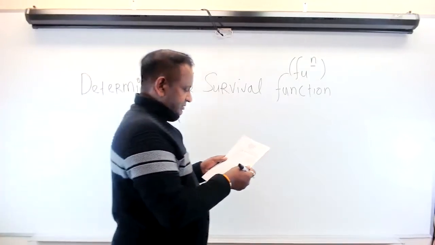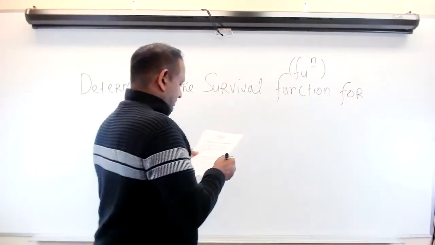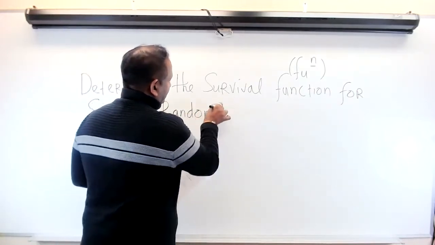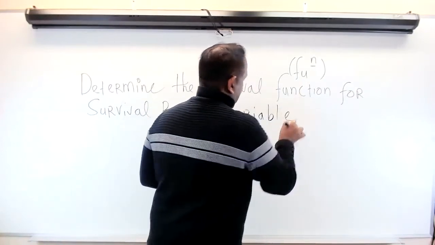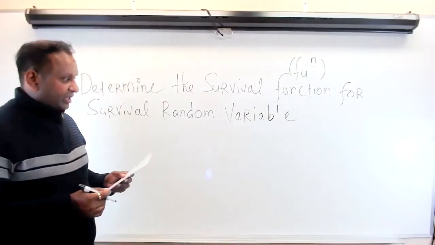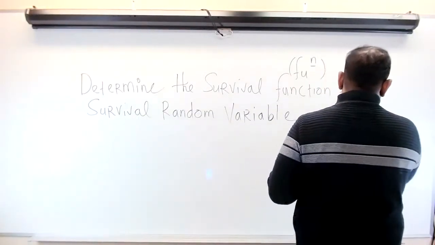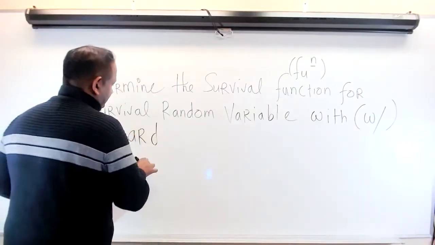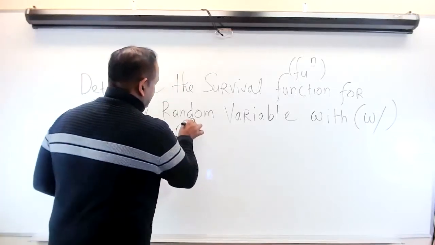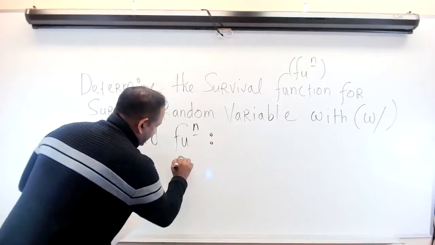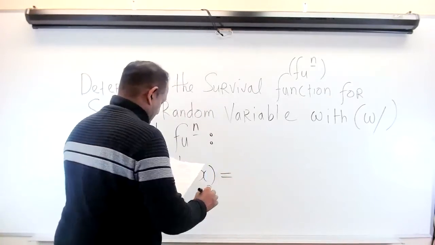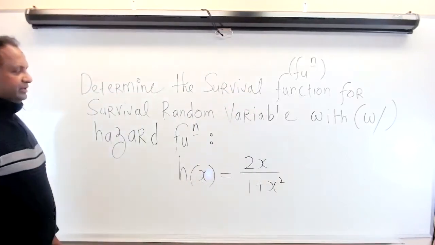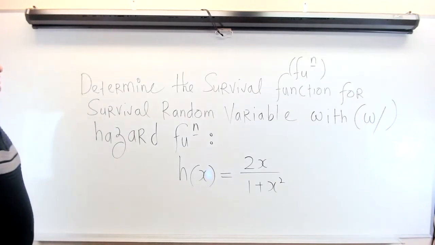The survival function for a survival random variable with hazard function given by h(x) = 2x over 1 plus x squared. So determine the survival function.